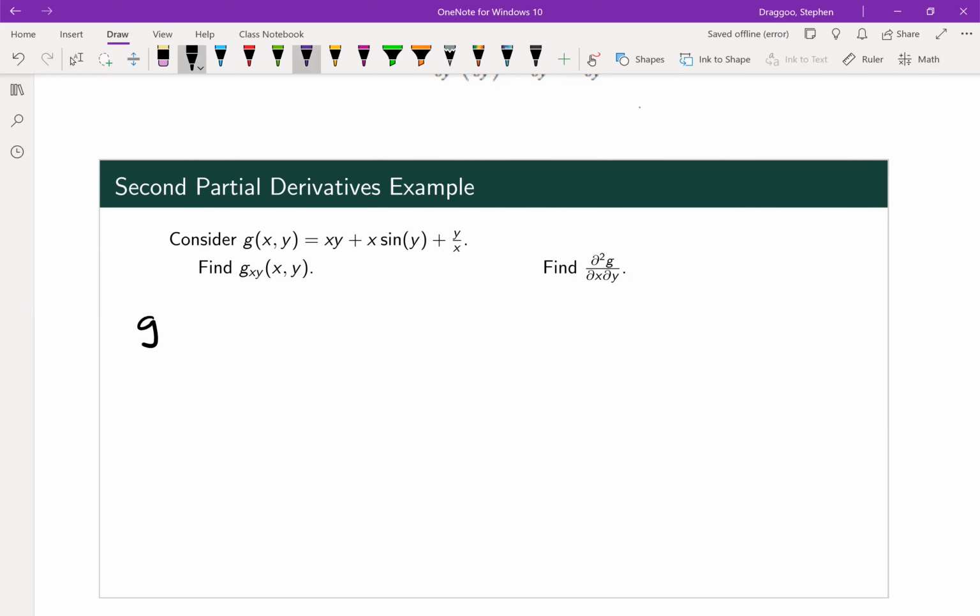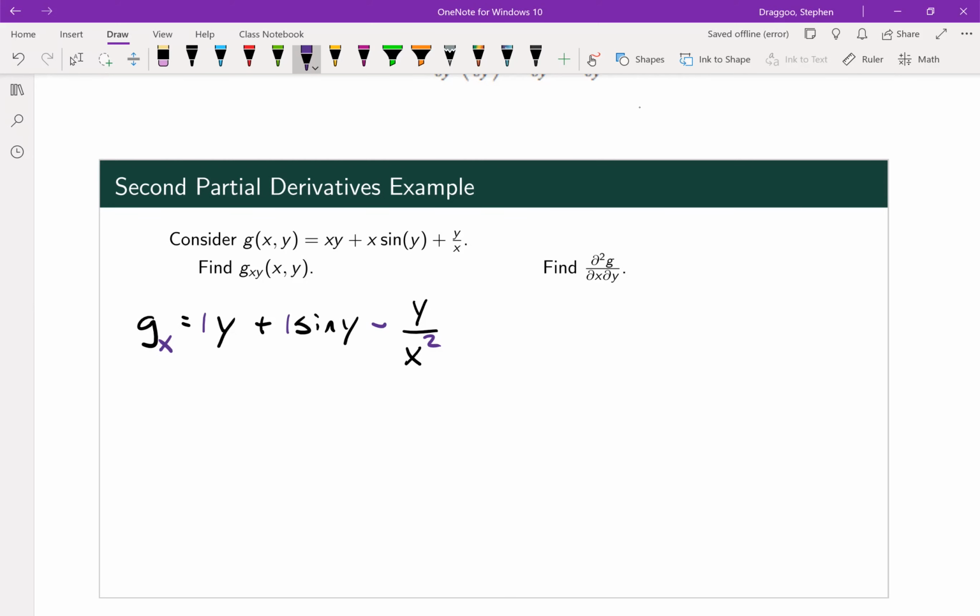So we'll start by finding g sub x, g partial x. We'll take each of these derivatives with respect to x. So we should get y plus sine y, and then y over x is the same as y times x to the negative 1, so this will be minus y over x squared. With, of course, a 1 went here and a 1 went there, since I was taking derivatives with respect to x.